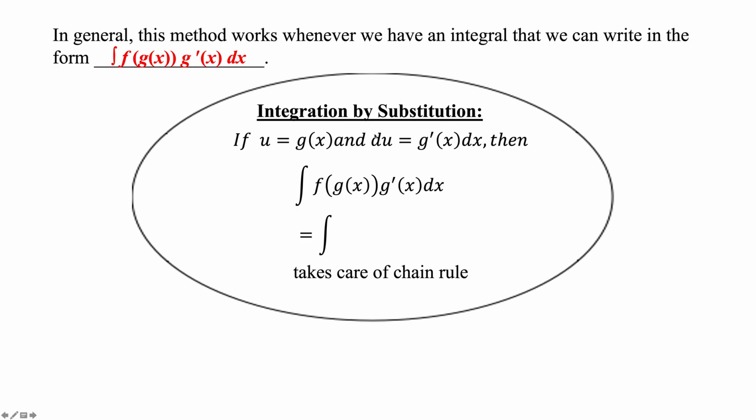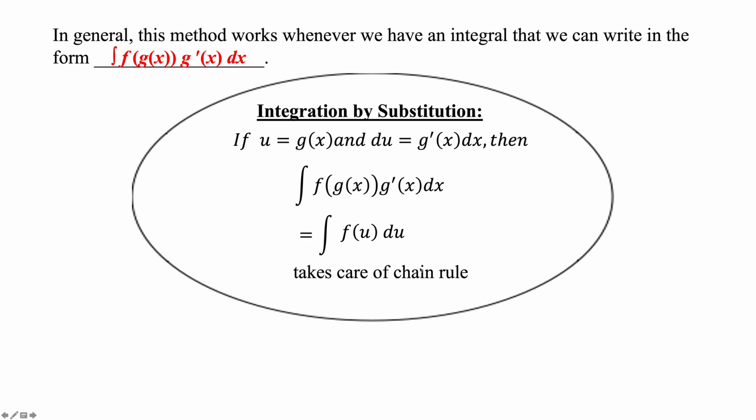Like the chain rule we had for derivatives, u-substitution will take care of the chain rule for integration. So if we let u equal g of x, that's the inner function, and du equals the derivative of the inside function times dx, then this notation here becomes f of u du, and that takes care of the chain rule.